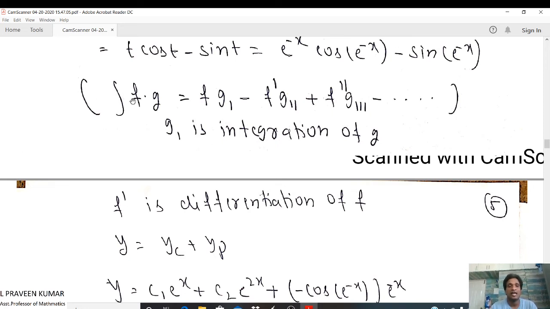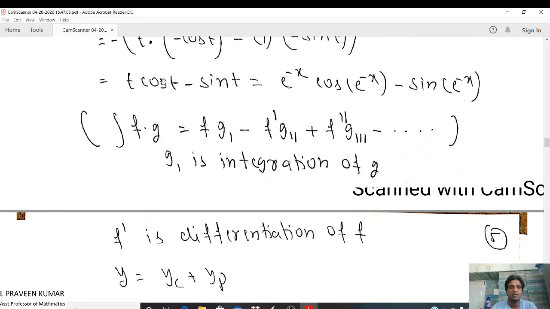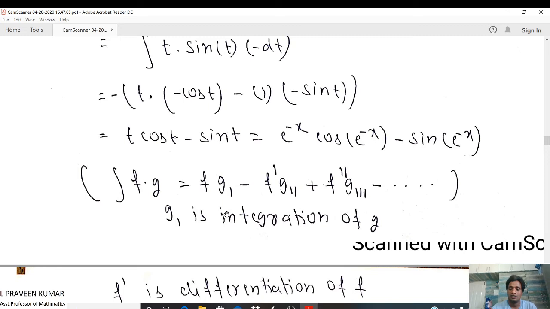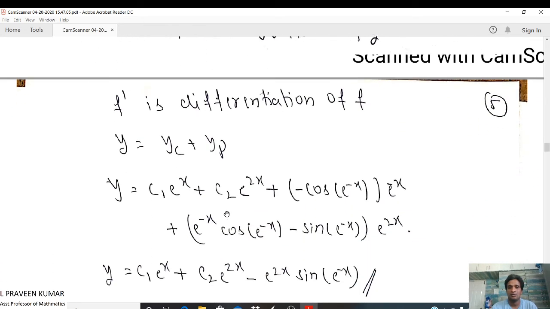So the formula is: the integration of f into g equals f g1 minus f dash g2, where g2 means double integration of g, that is, the integration of g1, plus f double dash g3, and so on with alternating signs. Here we assume f as t and g as sin t. So we got the b value also.